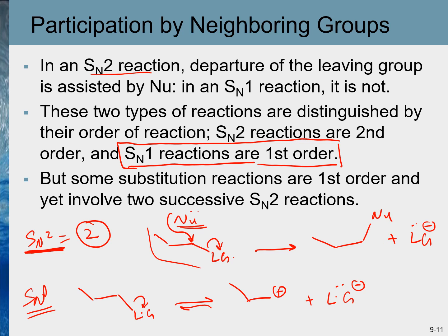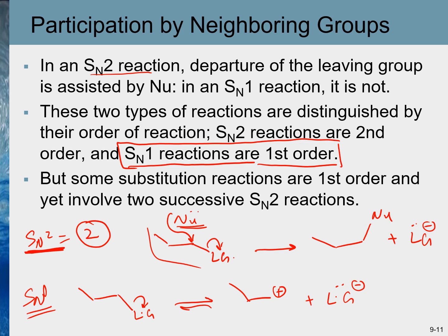Interestingly, chemists have recognized that there are certain nucleophilic substitution reactions which have kinetic characteristics of first order, that is, they resemble the SN1 substitution reactions because the rate of reaction only depends on the concentration of alkyl halide, but yet they involve two steps.